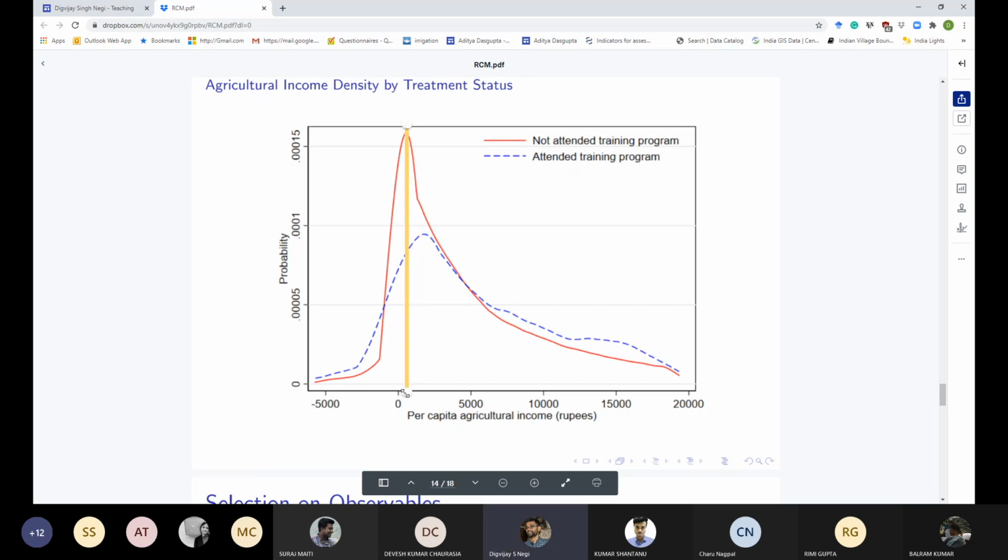If I could draw a line at the maximum of this curve, the central tendency of this density would be somewhere around here. Although it's a skewed distribution, so you never know, but let's say it's around here. You can see that the averages may differ quite a bit from this density itself, right?